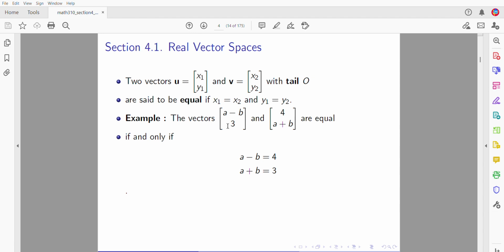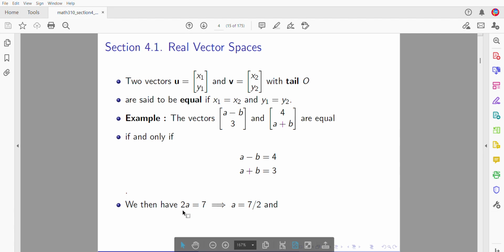We can solve this system of two equations. You simply add these two: you get 7 here and 2a here, so 2a is 7 and a is 7 halves. Moreover, b can be obtained from the second equation, b equals 3 minus a. So 3 minus 7 halves is negative one half.